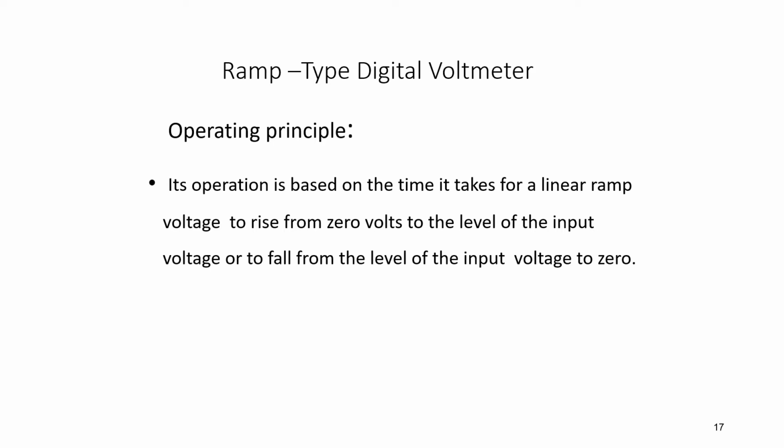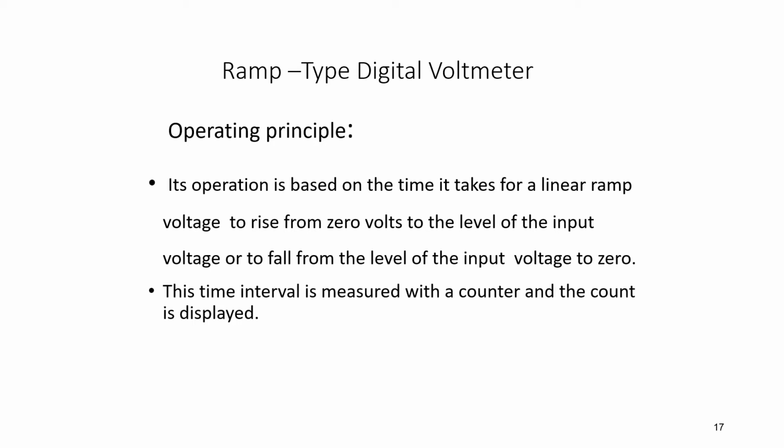So here, as I told you, we'll be going through the different types of voltmeters like ramp type digital voltmeter, the successive approximation type digital voltmeter, the dual slope integrating type of digital voltmeters. So they have got their own advantages, they have got their own limitations.